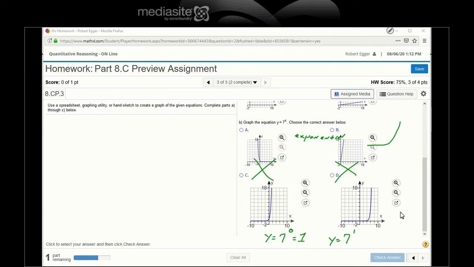A number raised to the first power is always going to be itself. So just looking at the point when x equals 0, this is basically 0. And when x is 1, it's still basically y equals 0.